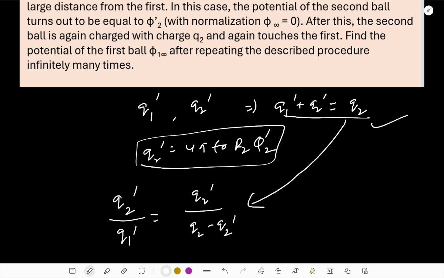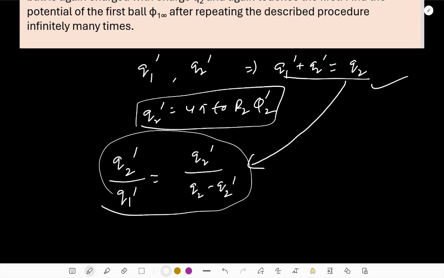So the ratio of charges of the balls after any contact will be the same, will have this value, because according to the problem we are going to get this relation. And after an infinitely large number of contacts, the transfer of charge from the first ball to the second ball will stop.